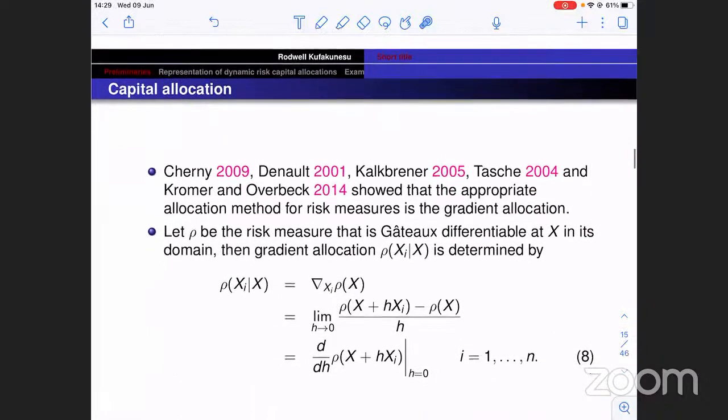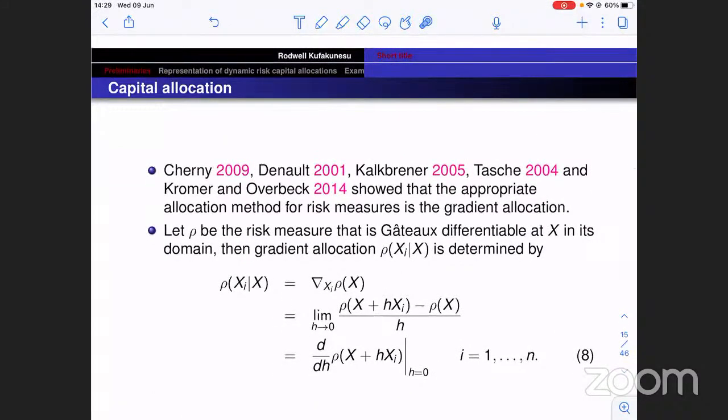And also, what we choose among these will be this case here, which gives us the directional derivative, differentiable at x, and then the gradient allocation.